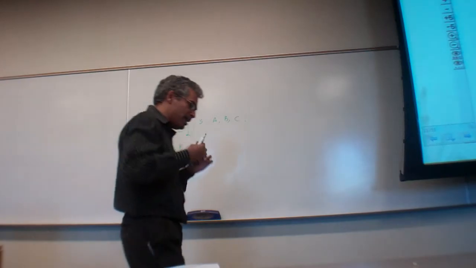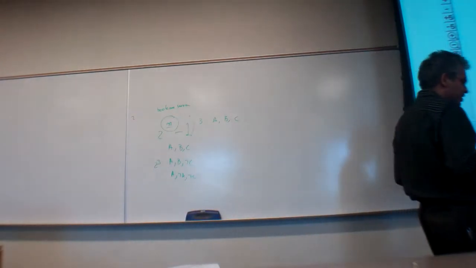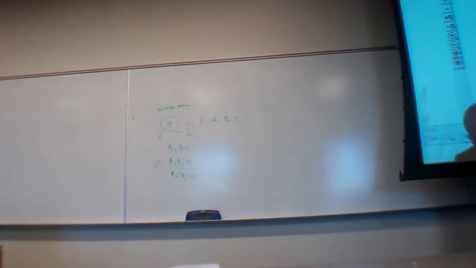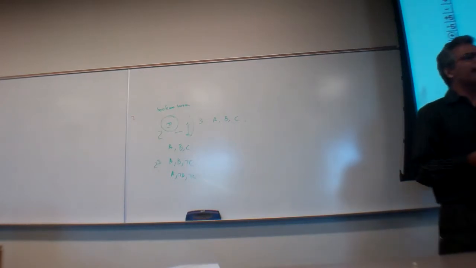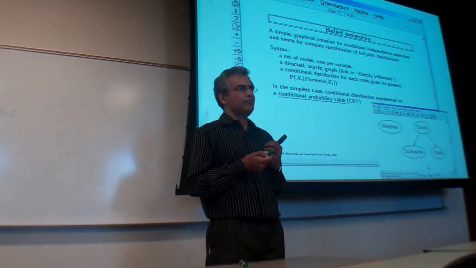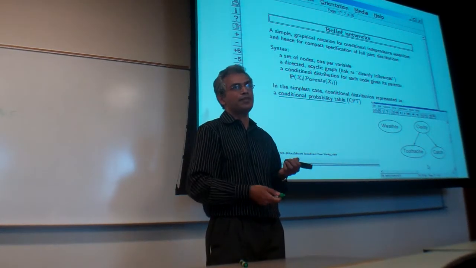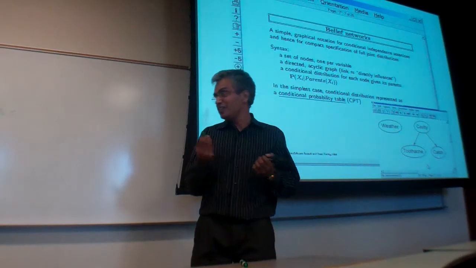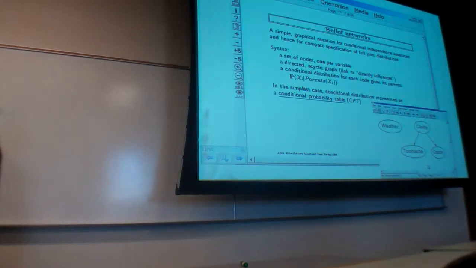So in fact, one of the big things to understand about probabilistic reasoning is not how to crunch the numbers, but how to get the numbers to begin with. Where do you get this many numbers? Of course, you can ask your friend to just make up some numbers and then I'll use them. So that ends up being the huge problem. How do I get 2 power n minus 1 numbers?